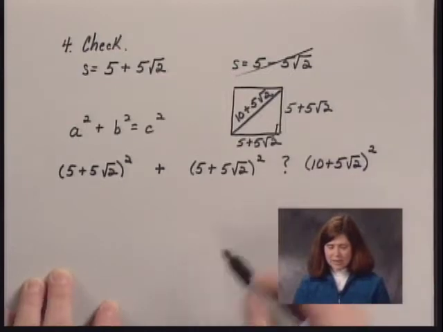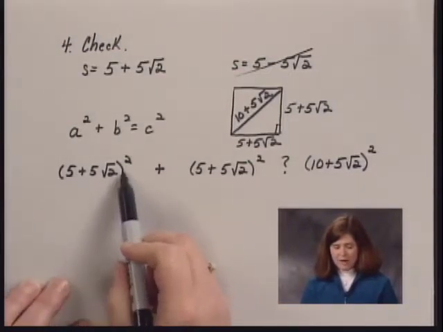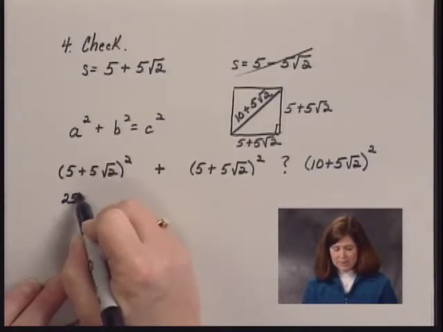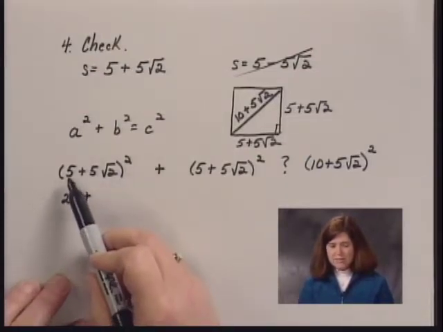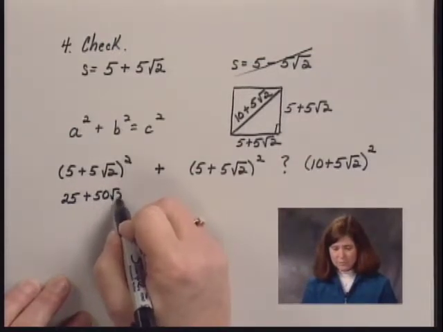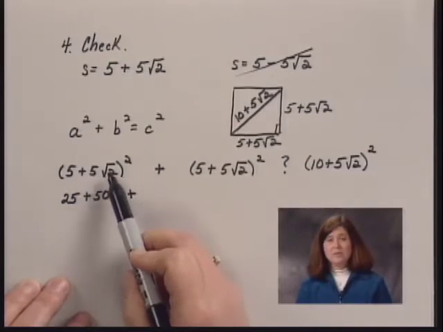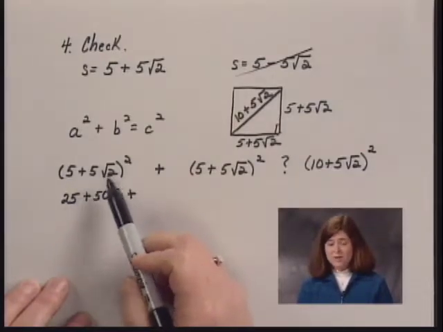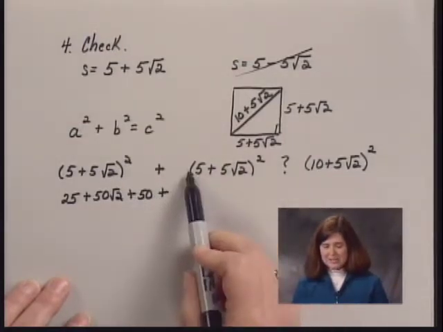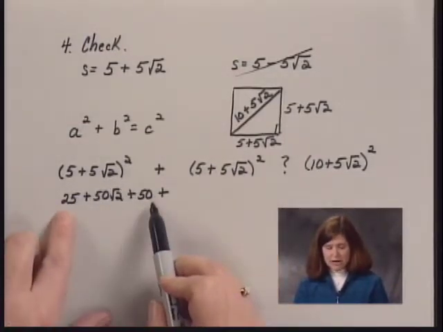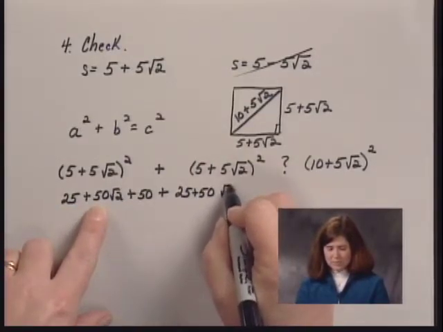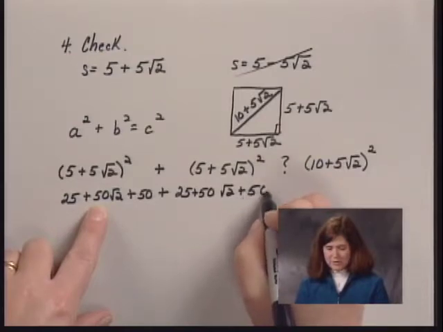We'll work these out separately. I'm going to square a binomial. We have 25 plus 2 times 5 times 5 times the square root of 2, which is 50 square root of 2, plus 5 times the square root of 2 squared, which would be 25 times 2, or 50. Plus, since this is the same thing as this, I'll just copy: 25 plus 50 times the square root of 2 plus 50.